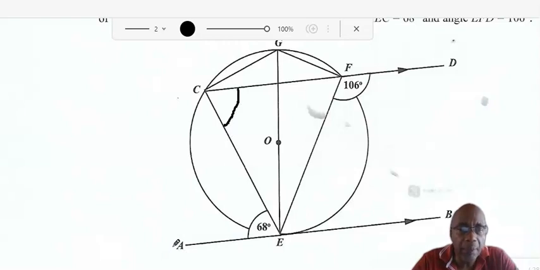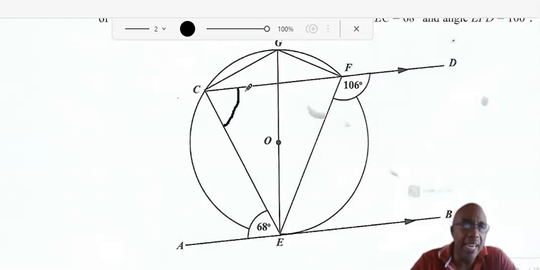So if we look closely, we're going to see that based on the parallel lines AB and CD, we have what we call alternate angles. Angle AEC is alternate to angle ECD.